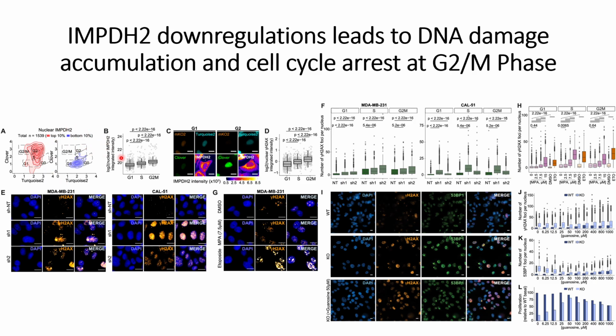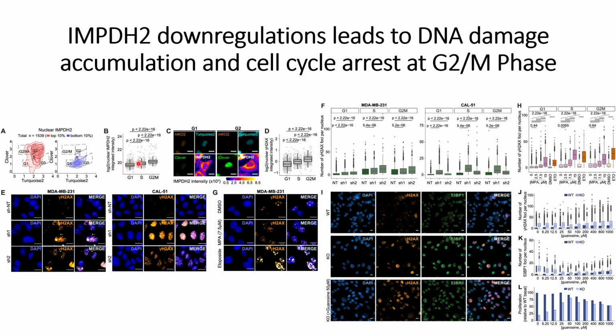the cell cycle. In panel B, what they have found out is that in the G2 and M phase there are more IMPDH2 compared to the IMPDH2 in G1 and S phase.